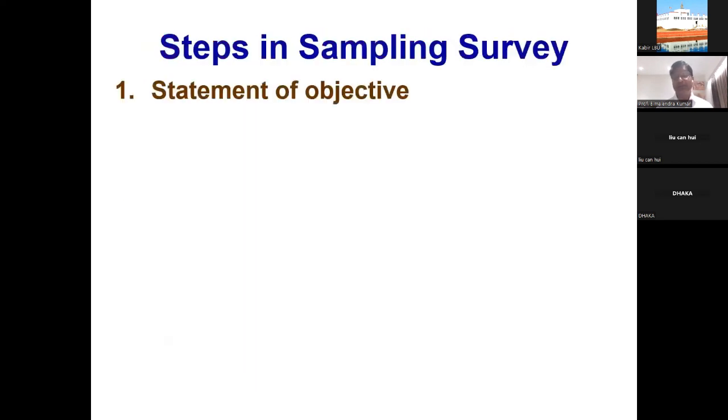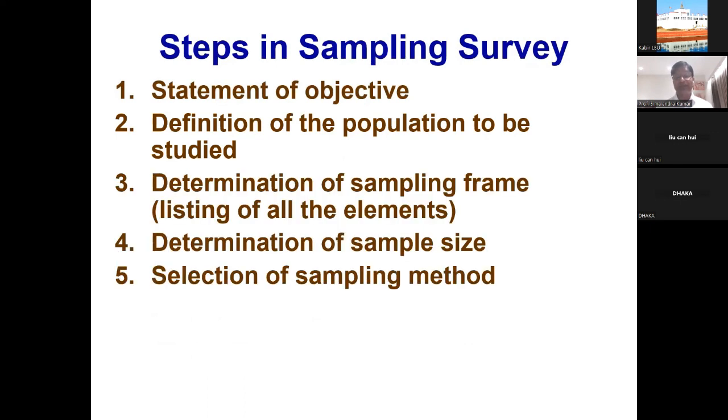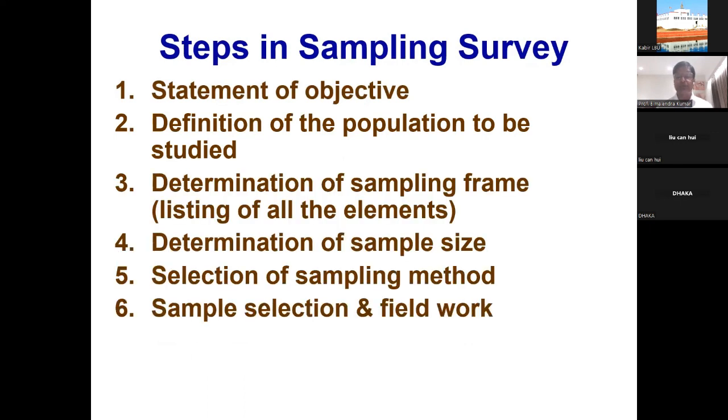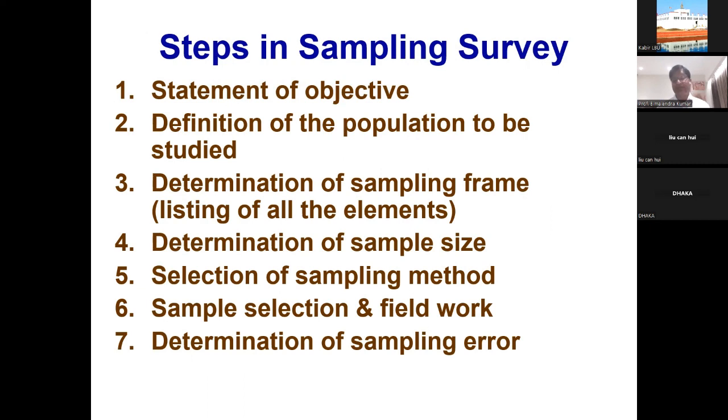Let us discuss one by one. What are the steps in the sampling survey method? If you see, first of all, there must be an objective. Even in any research, if a researcher is supposed to start, there must be aims and objectives, that is, what is the main objective of doing the research.